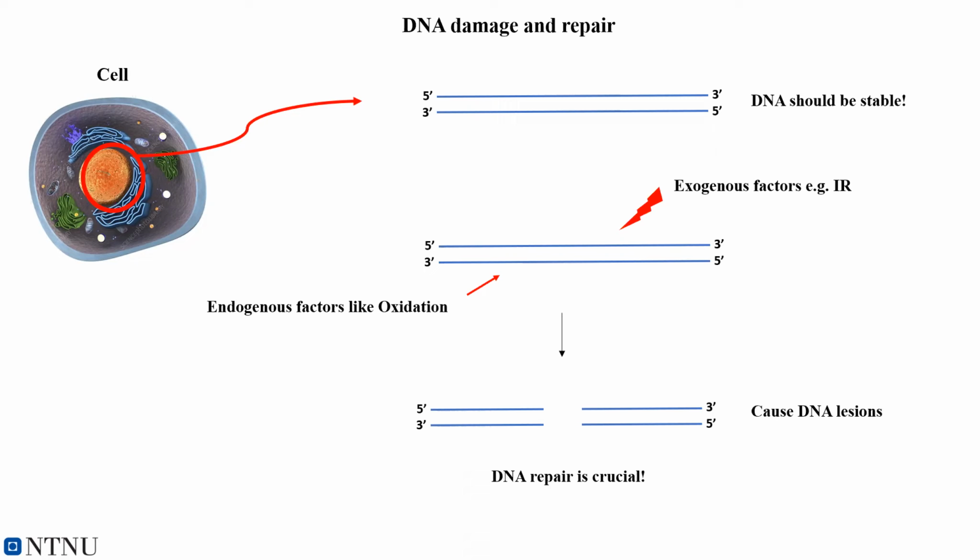There are different pathways dealing with DNA double-strand break, like non-homologous end joining repair, homologous recombination, and single-strand annealing. But non-homologous end joining, or NHEJ, is the major pathway dealing with DNA double-strand break in mammalian cells, and it is active all over the cell cycle. It consists of core factors and accessory factors.